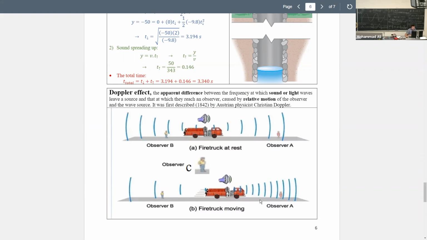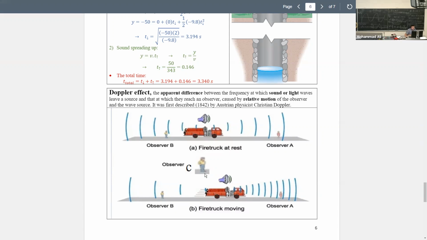Doppler effect, yes. We have, for example, observer A, observer B, and observer C. If the car is moving to the right, in the direction of observer A, he will hear the sound louder and the frequency higher. Observer B will hear the frequency lower.